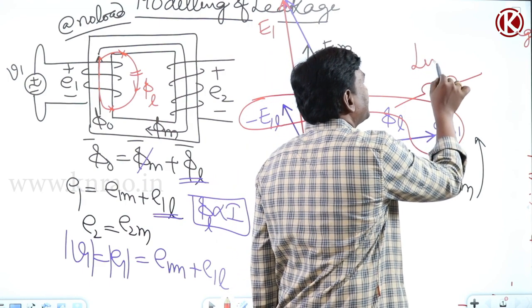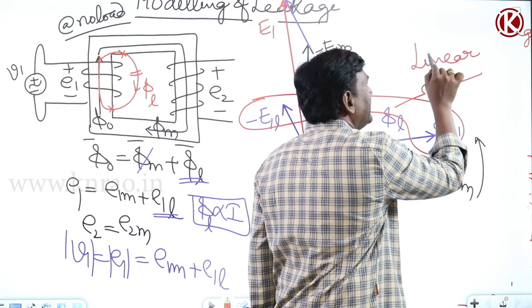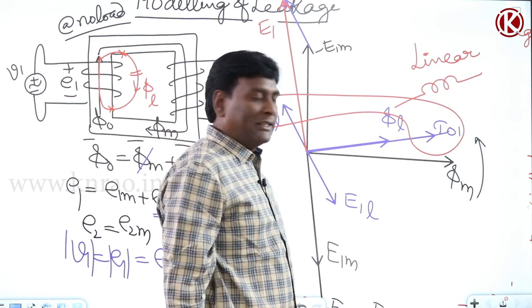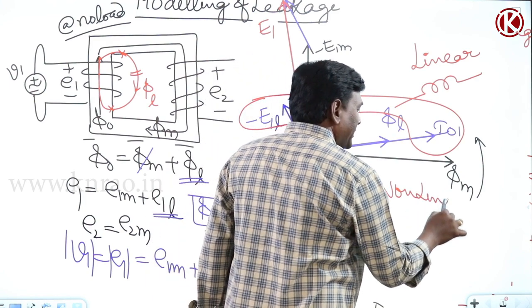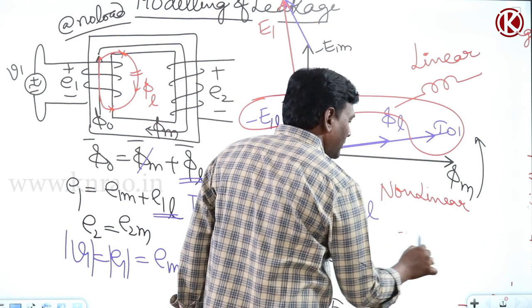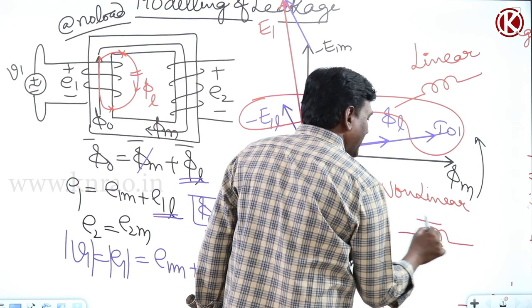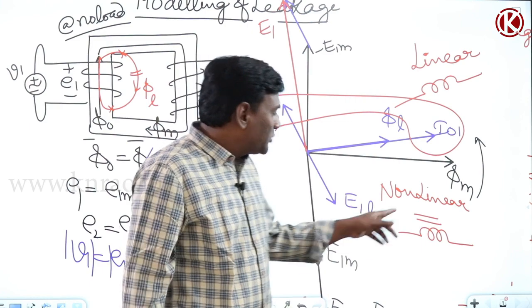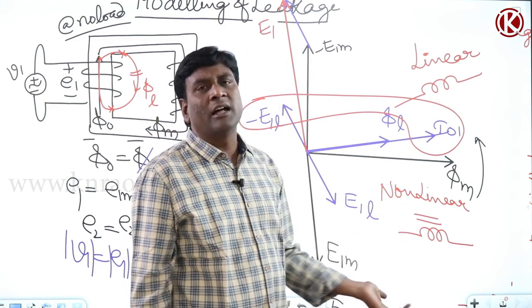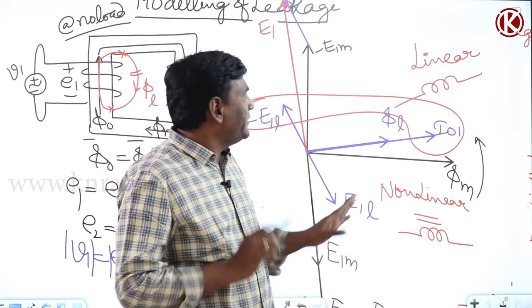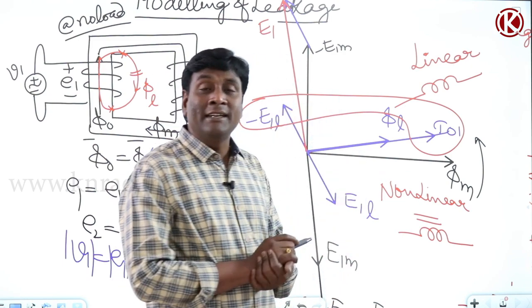It's a linear inductance. Linear inductance normally will be shown like this. Non-linear inductance, I have to model with two lines. If I show with two lines, it means an iron core transformer, which is non-linear. Anyway, it should be modeled with a linear inductor.